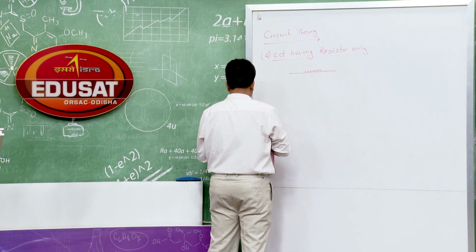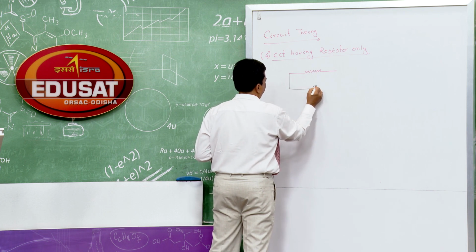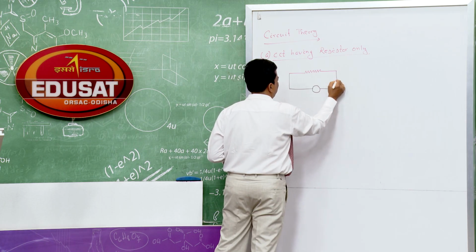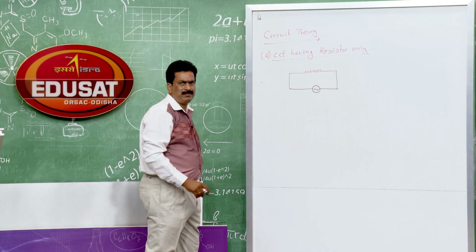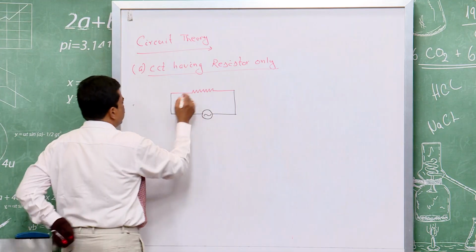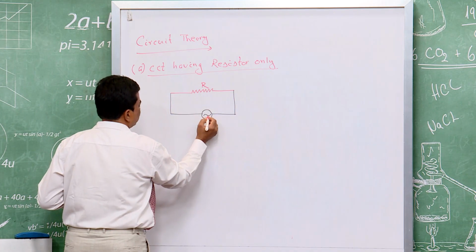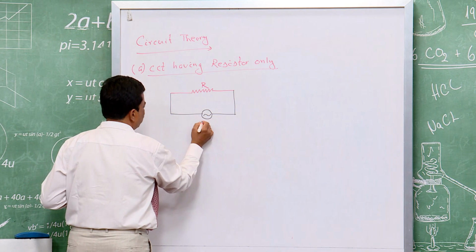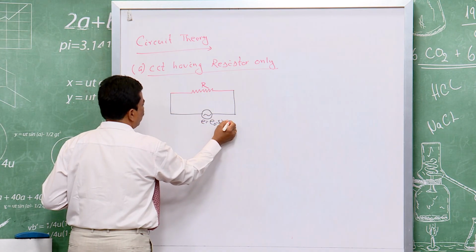Suppose this is the resistor that is connected with an alternating source. This is the symbol of the alternating source. This is the resistor R. This is the alternating source with E equals E0 sin omega t.